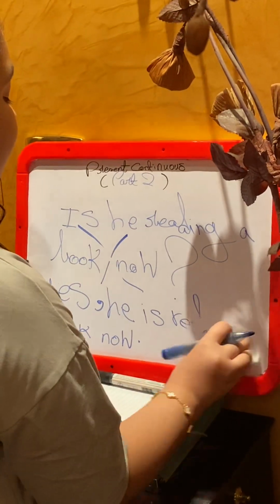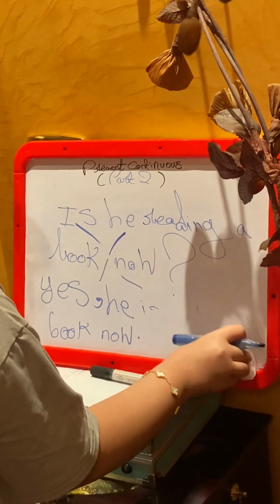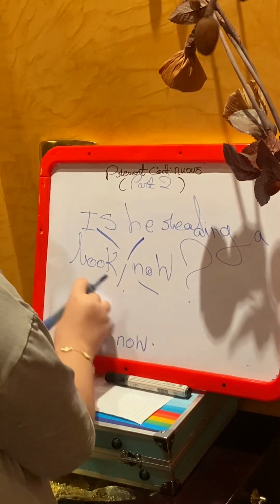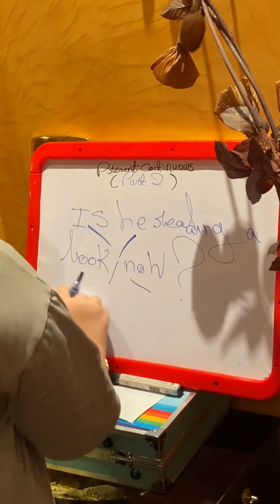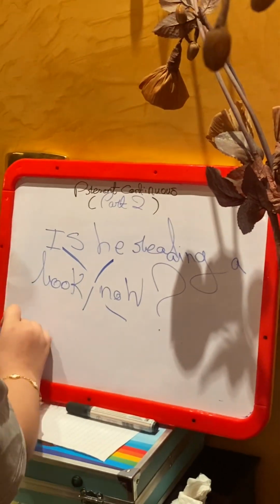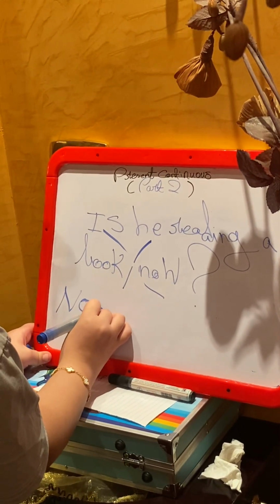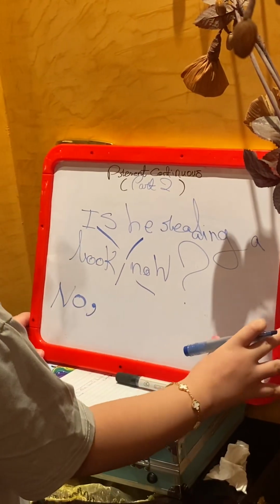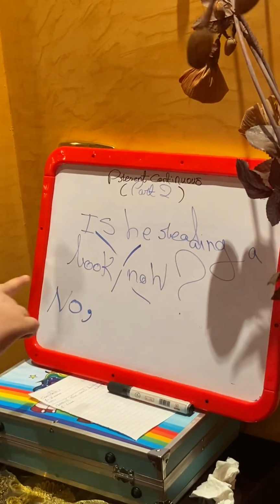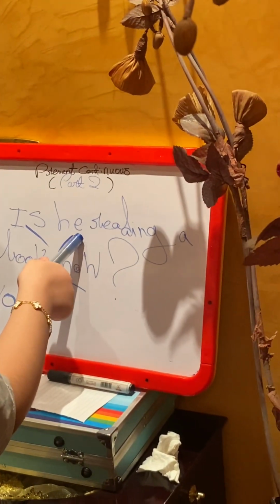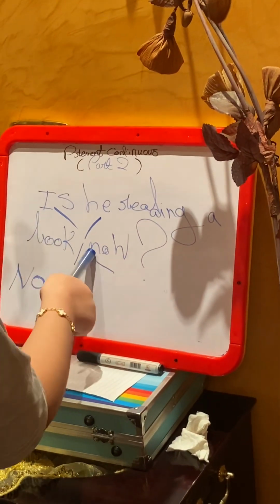Okay, but if I want to answer with no, what shall I do? Let's see. If I want to answer with no, I will start with no. After yes or no, you put what? We put a comma. Okay. No, and after it a comma. The same thing: I will make scissors.